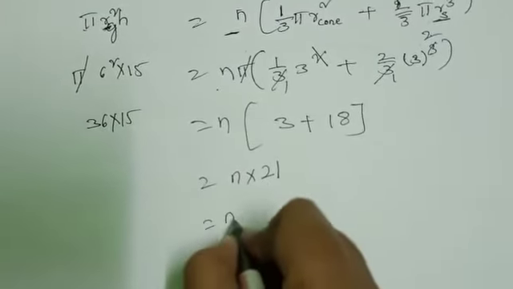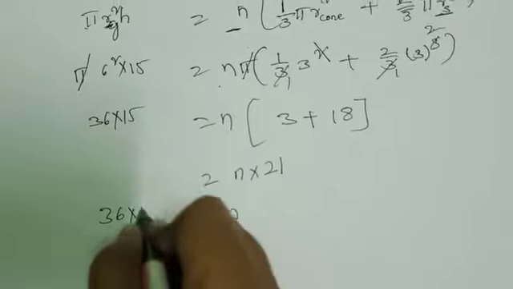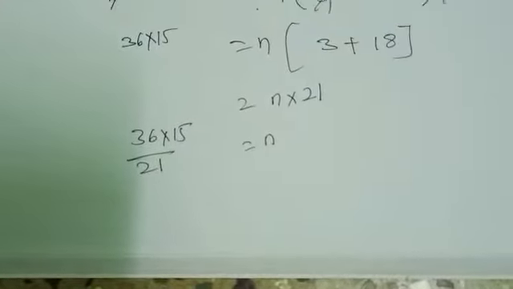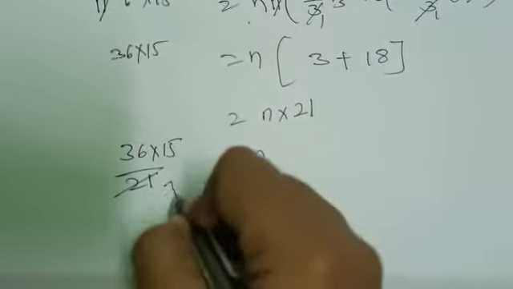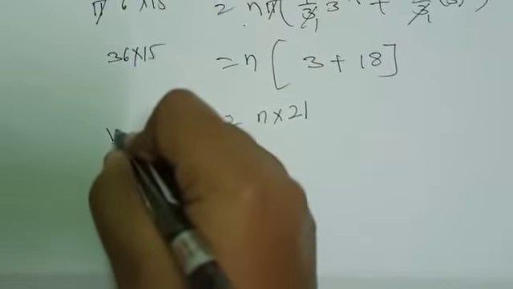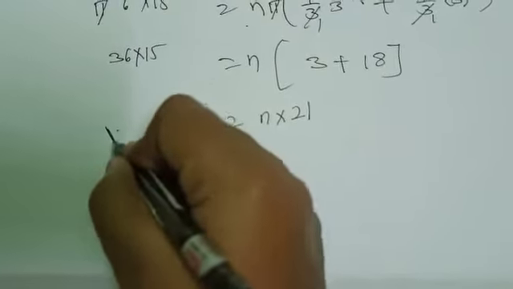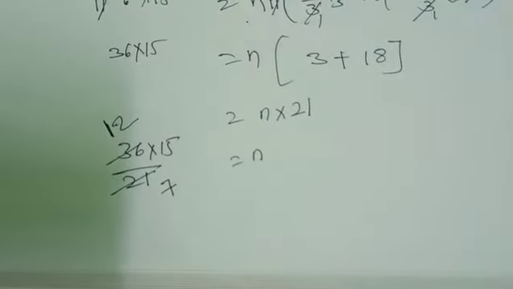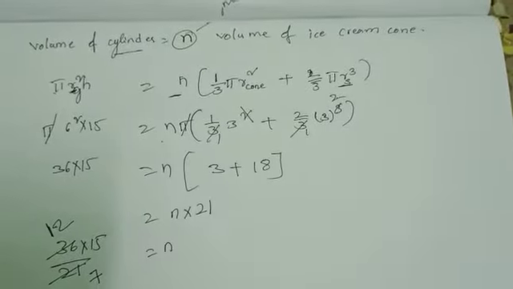Here we have to find the n value. 36 into 15 by 21. Sorry.